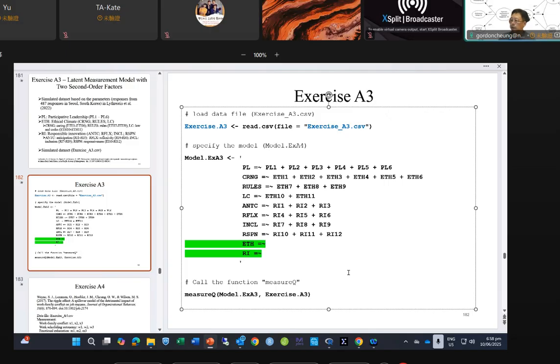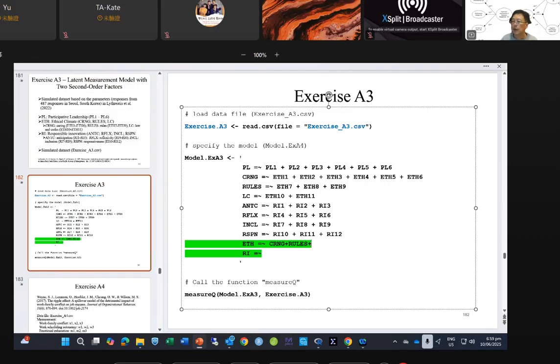Here, let's compare them. Ethical climate, we should have CLNG plus rules plus LC. So we have 2 second order factors here.